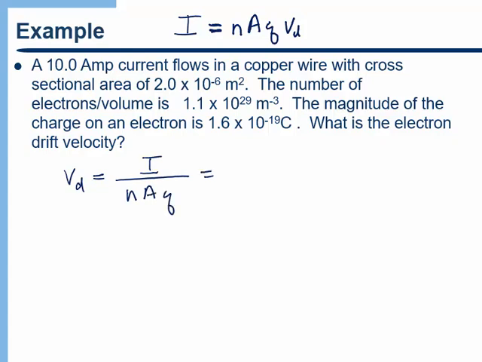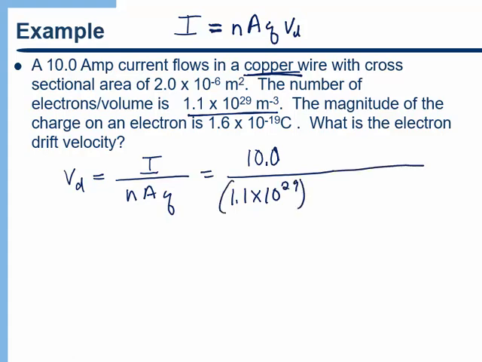And so in this particular example, we've got a current of 10 amps. We're dividing by the number of charges per volume. So this is specifically for copper. Again, different metals would have a different value: 1.1 times 10 to the 29th. The cross-sectional area of my wire is 2 times 10 to the negative 6th.